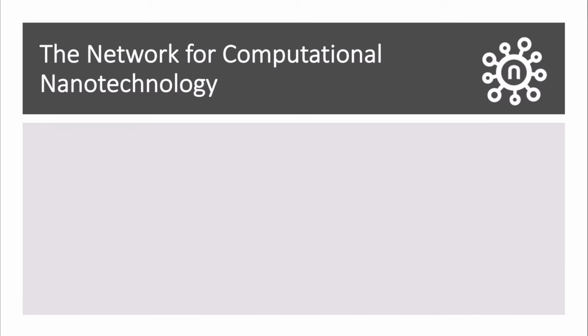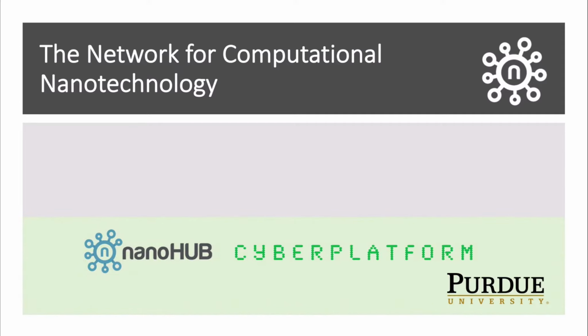The Network for Computational Nanotechnology is currently made up of 3 nodes, each with separate funding from the National Science Foundation. The NCN Cyber Platform node is responsible for the support and development of the nanoHUB infrastructure and is located at Purdue University.